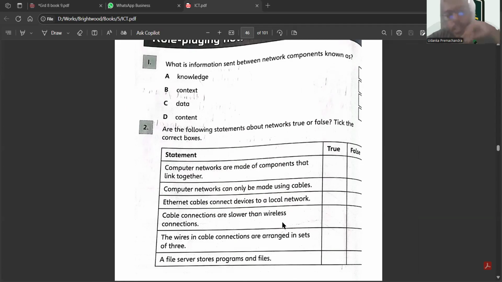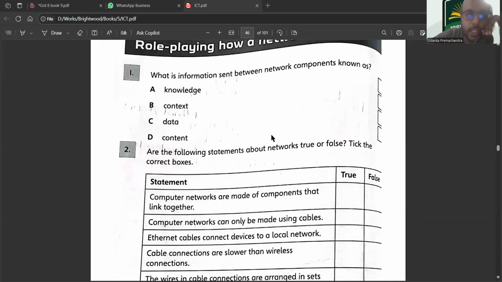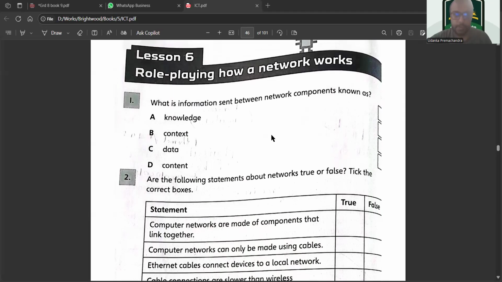And can you try this question? The first question they are asking, what is the information between the network component and owners? They ask you for one answer. Try to get the answers. Yes, Lesson 6 of Unit 3.